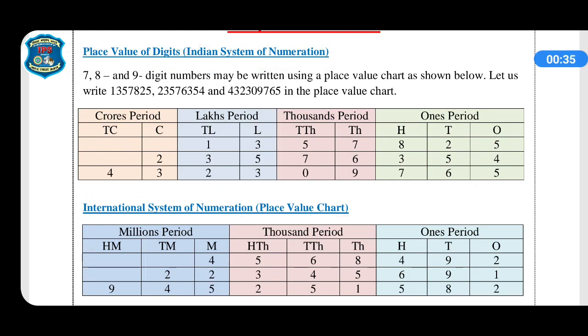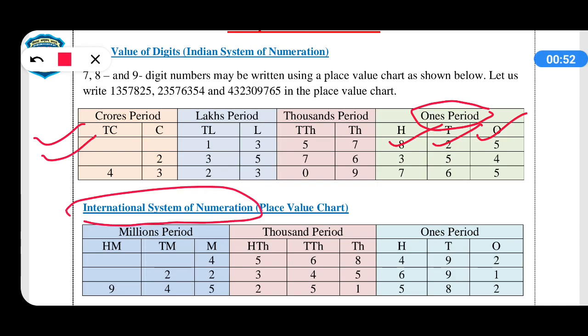If you see these two tables, in the first table, according to the Indian system of numeration, the ones period is ones, tens, hundred. In the international system also, the last three digits are ones, then tens, then hundred.